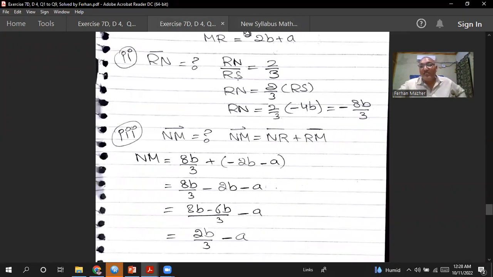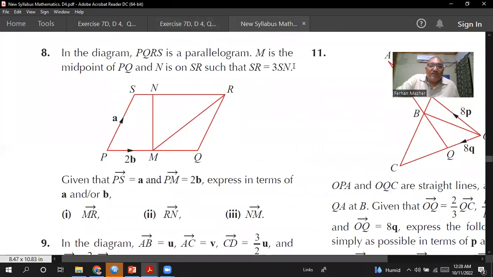RS is something whose value I know, and the ratio between them is 2 by 3. So RN will be equals to 2 by 3 of the RS. RS is minus 4B. So it will be minus 8B by 3. So that is RN. Hopefully you understand.